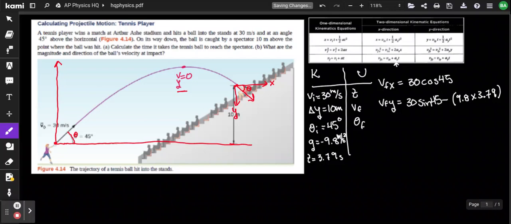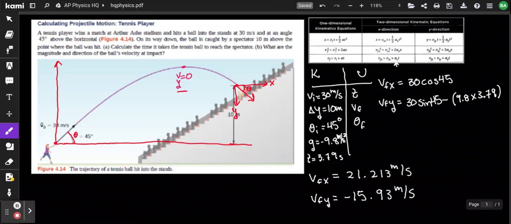Plugging these into our calculator, 30 cosine of 45 is 21.213 meters per second. Since sine 45 is equal to cosine 45, we just plug in 21.213 minus 9.8 times 3.79, and that gives us negative 15.93 meters per second.